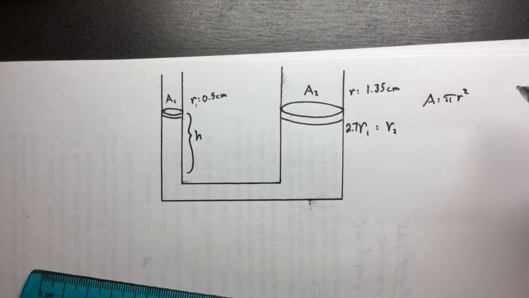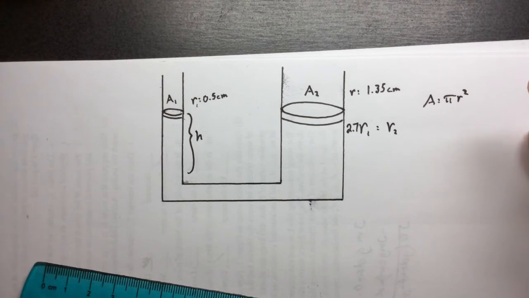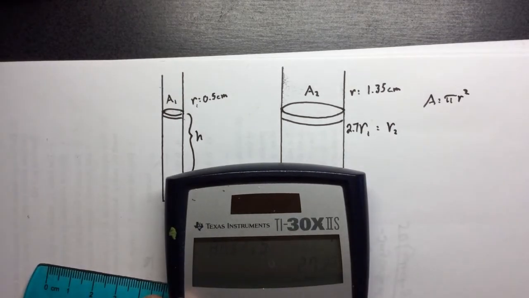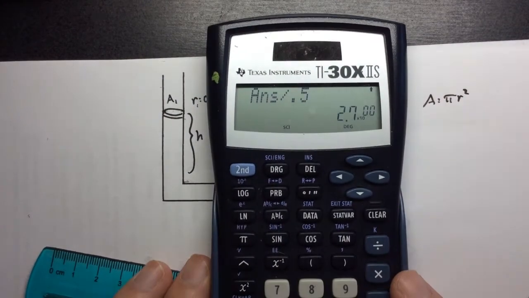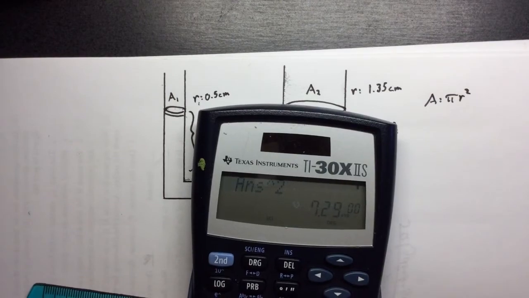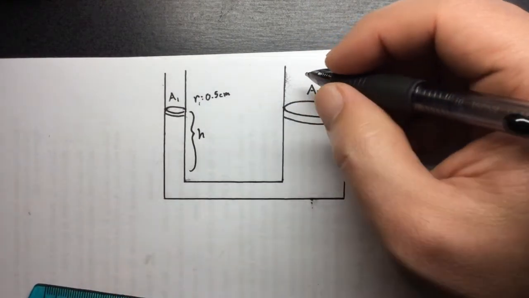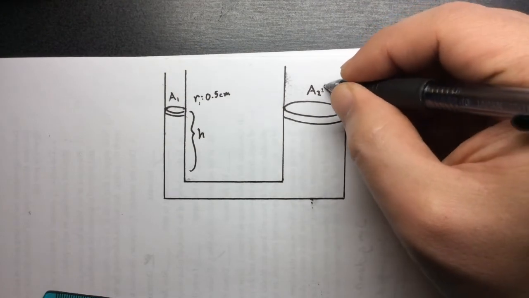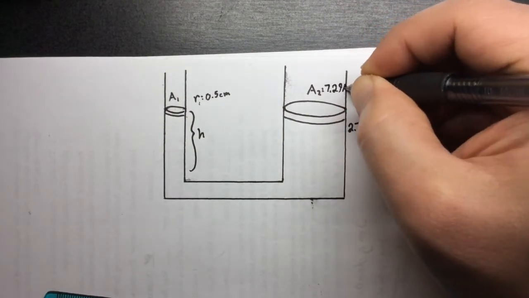Hold on. That is equal to an area change of 2.7 squared. So if we put in this radius of 2.7 times the original, it's not 2.7 times the area, it's going to be squared. So what is this? 7.29. So area 2 should be equal to area 1 if we multiplied area 1 by 7.29.